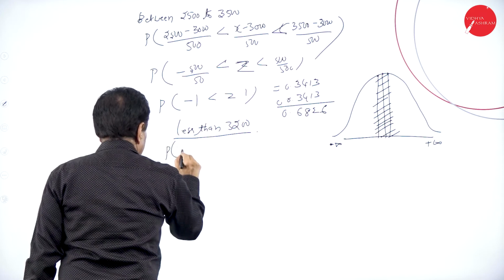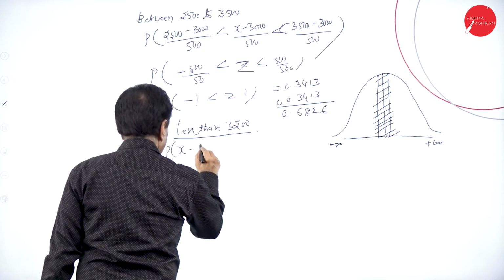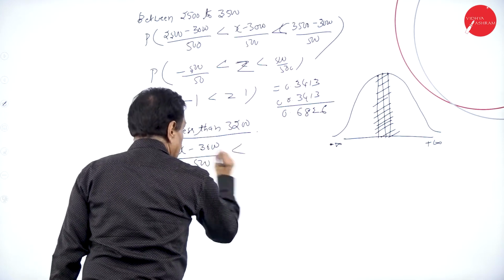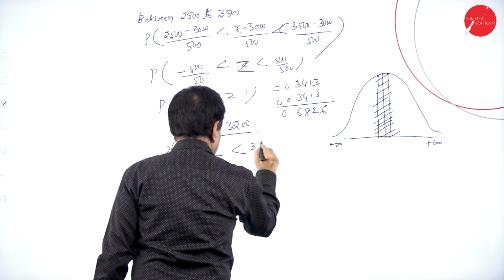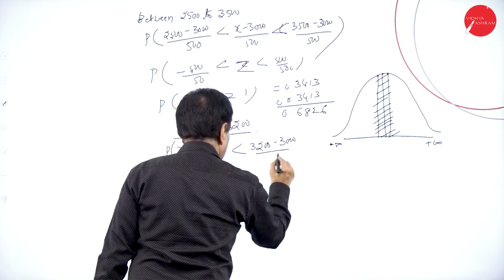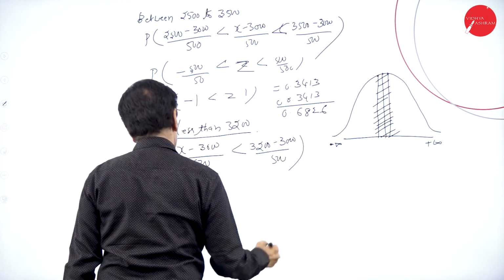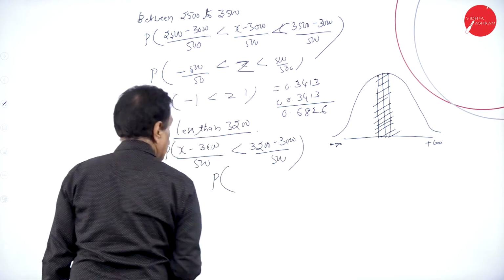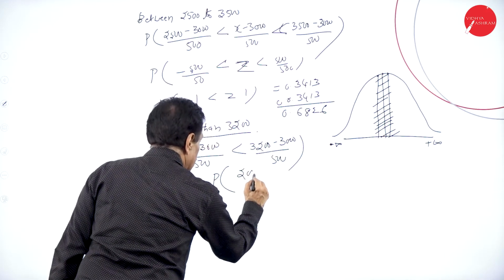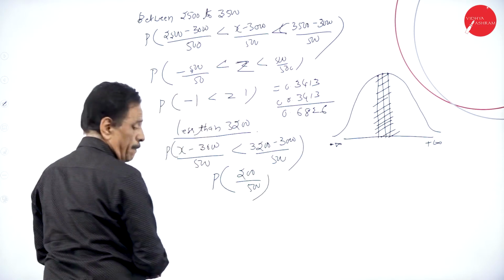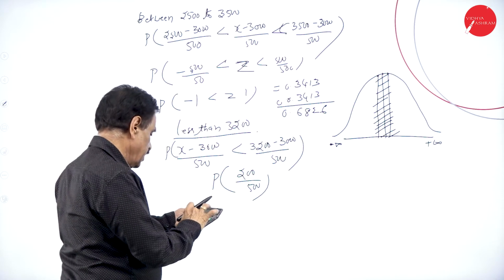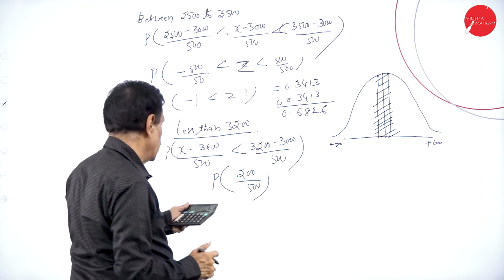P of X minus your mean 3,000 divided by 500, less than 3,200 minus 3,000 divided by 500. So that's equal to P of 3,200 minus 3,000, which means 200 divided by 500, 0.4.